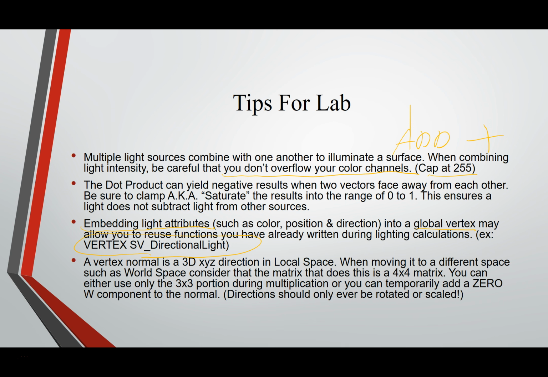So if you normally multiply a vector 4 with a matrix 4, it's going to use the 4th row and the 4th column. You're actually trying to avoid those last two, right? You don't want them to affect your normal. You just want to rotate it. So to do that, you can set the W to 0, and that will essentially eliminate the 4th row and the 4th column. All right, so that's a handy thing that you can do to reuse some code.